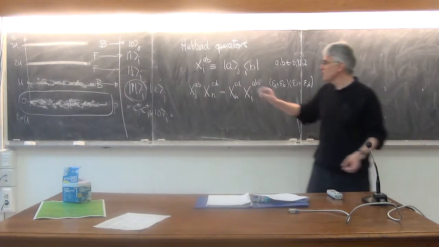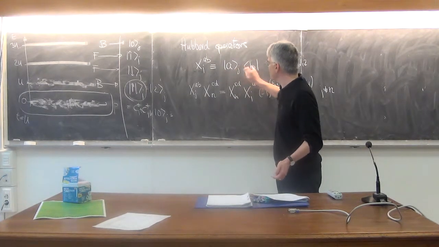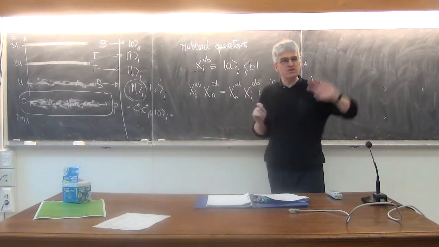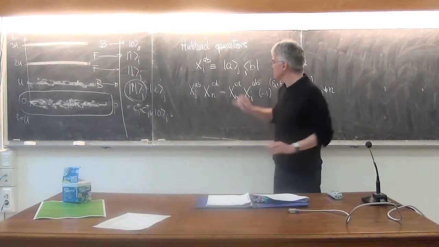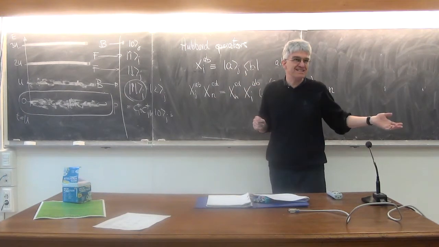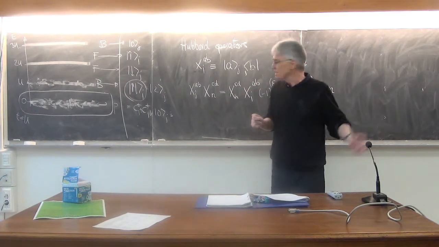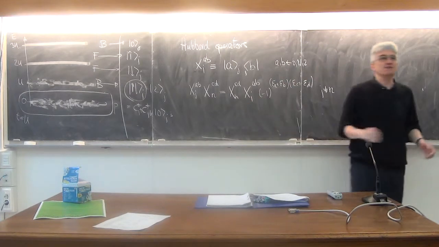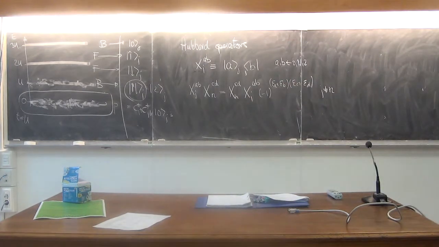Okay? So if you have the same type of state here, either bosonic or fermionic, then the operator will be bosonic. But if you have a fermionic here and a bosonic here, the operator will have a fermionic nature. Okay? And this then simply says bosonic operators at a distance commute, but fermionic operators at a distance anti-commute.